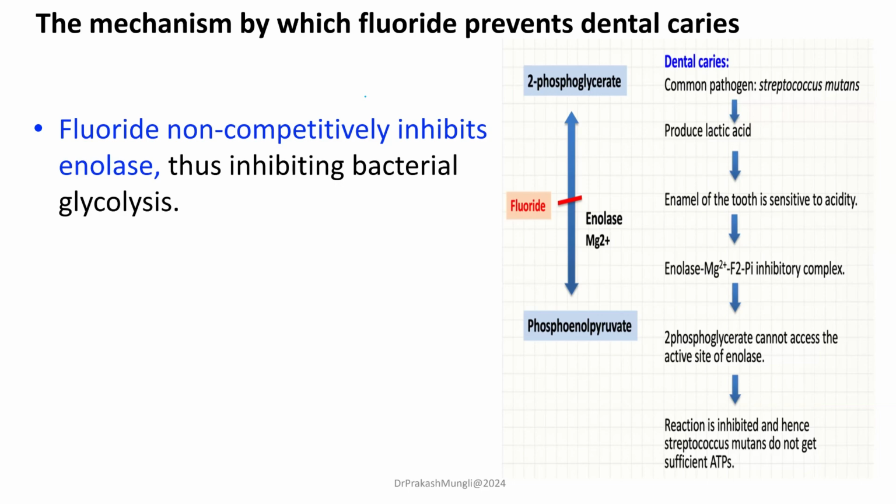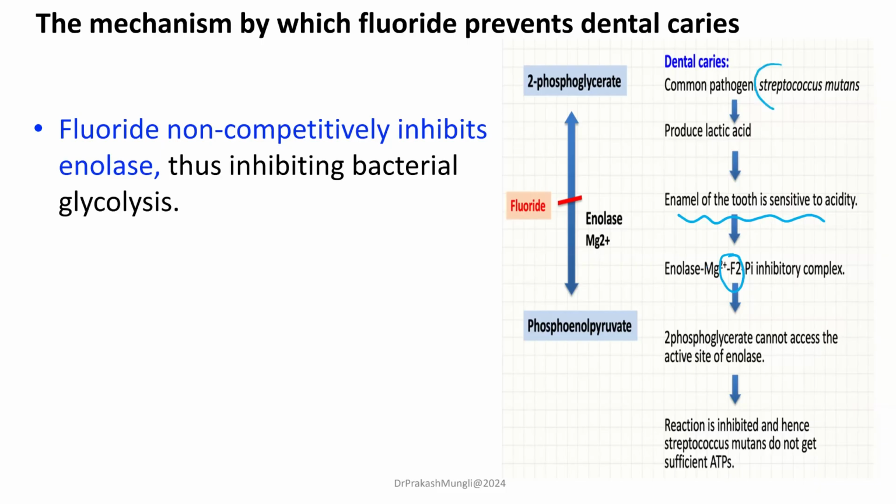As you see, the enamel of the tooth is sensitive to acidity, and then there is fluoride here, F minus, forming an inhibitory complex. 2-phosphoglycerate cannot access the active site of enolase, the reaction is inhibited, and then Streptococcus mutans do not get sufficient ATP.